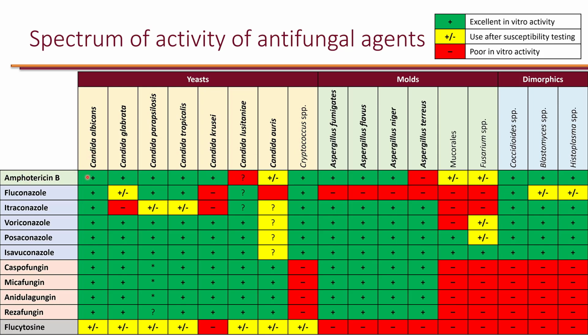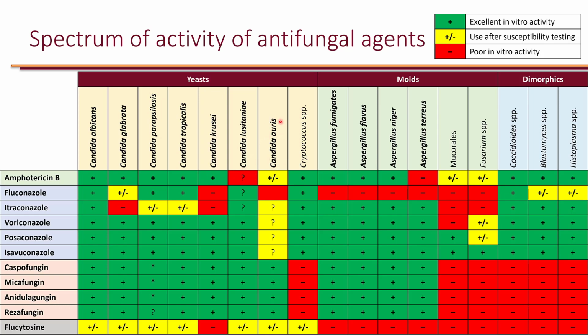So pretty much amphotericin B has very good activity against most of these, except it doesn't have good activity against Candida lusitaniae. Historically, some reports say that it might have activity against lusitaniae, but most sources, and especially classically, we say that amphotericin B is inactive against lusitaniae.